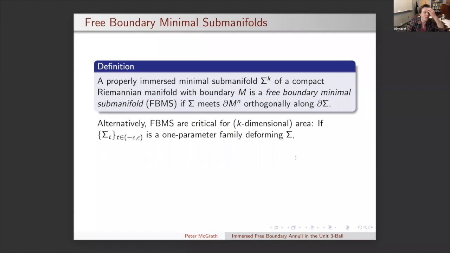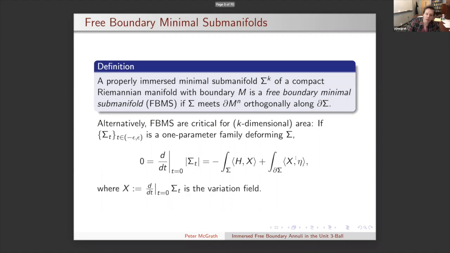If you have a one parameter family of immersions sigma t, where sigma 0 is your original sigma, so you deform your sigma slightly, and then you take the derivative of the k-dimensional area, which I denote like this. A standard calculation shows that you get two terms. One term is an interior term, the other is a boundary term. The interior term is the integral of the inner product of the variation field with the mean curvature. H here is the vector valued mean curvature. And your boundary term is the dot product of your variation field with the outward pointing normal.